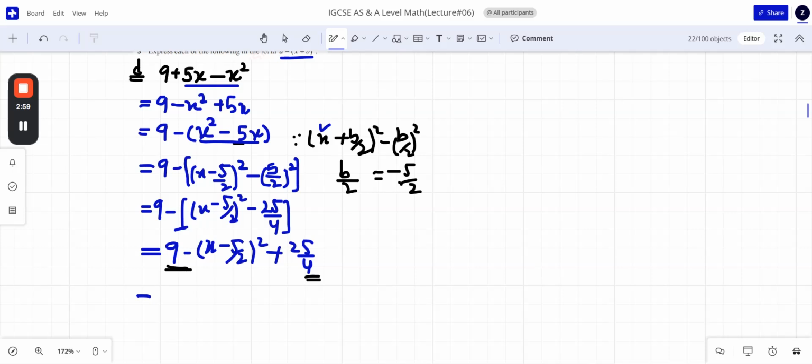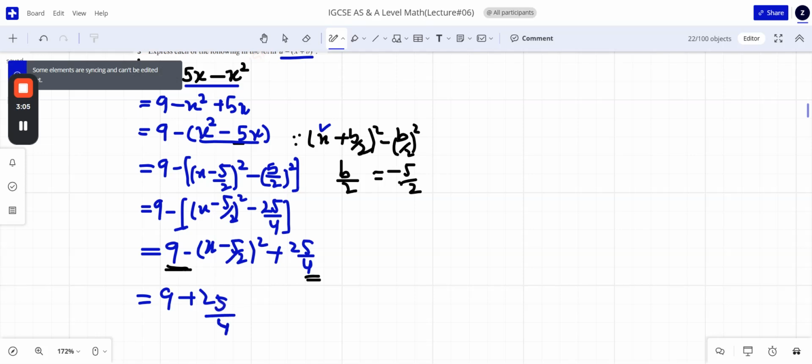So here it would be 9 plus 25 by 4, then minus x minus 5 by 2 whole square, which is the completing square. Now we will not change this; we will only work on the first two terms. Here there is no denominator, which means it is 1. So we need to make the same denominator to add the values.